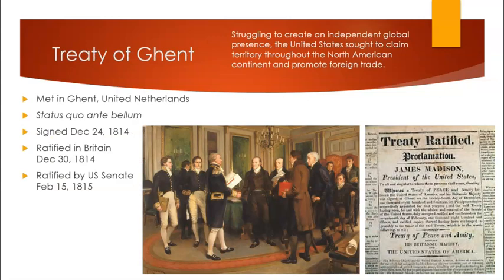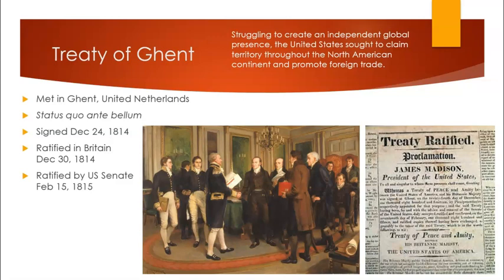Speaking of the treaty, after the failure of the attack on Baltimore, peace talks began in Ghent, which is in modern Belgium, with Britain seeking an armistice, just an end to the fighting. In the negotiations, the U.S. officially gave up its demands to end impressment, while Britain promised to leave Canada's borders unchanged and abandon any sort of efforts to create an Indian state in the Northwest, essentially putting everything back to the way it was.